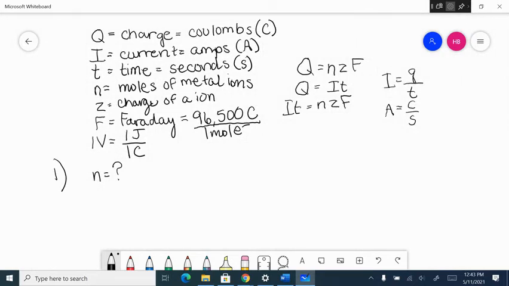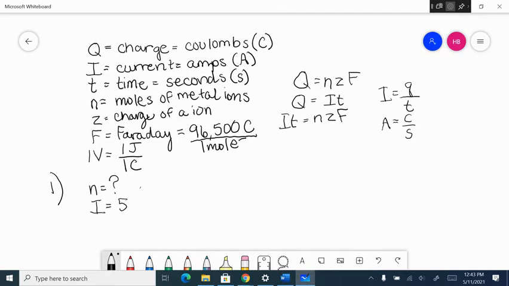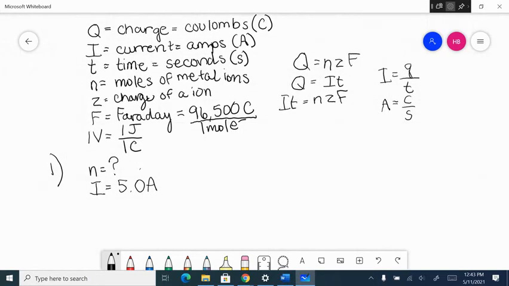They gave us the current of 5.0 amps, and they gave us the time of 10 minutes.